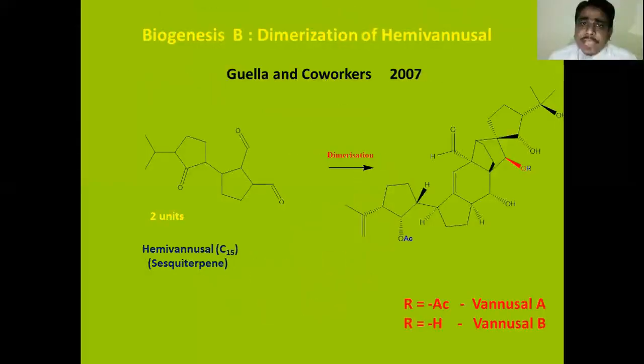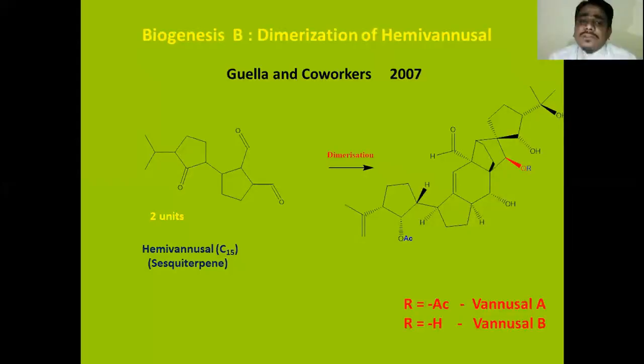Biogenesis B is proposed by Guella and his co-workers in 2007, and it is based on the assumption that Vannusal A is formed by the dimerization of hemivannusal. Hemivannusal contains 15 carbon atoms, so it is a sesquiterpene.